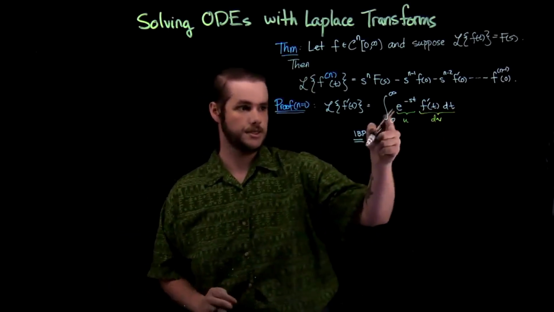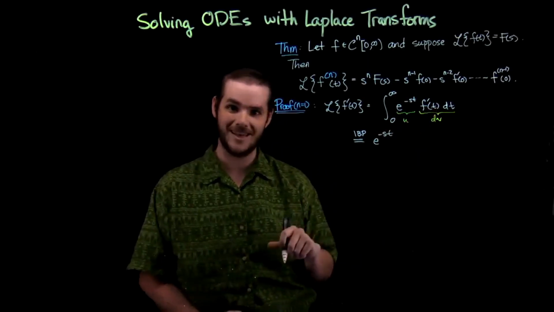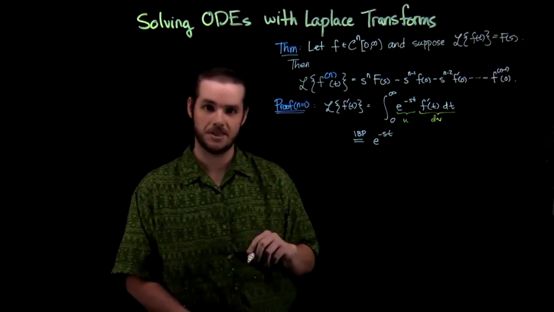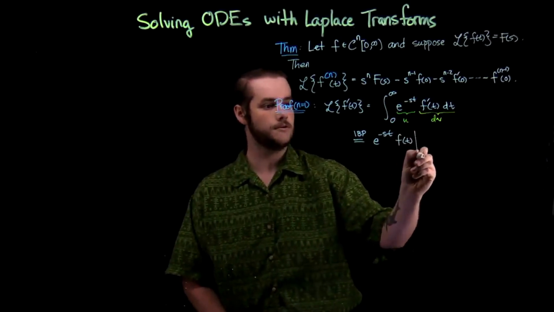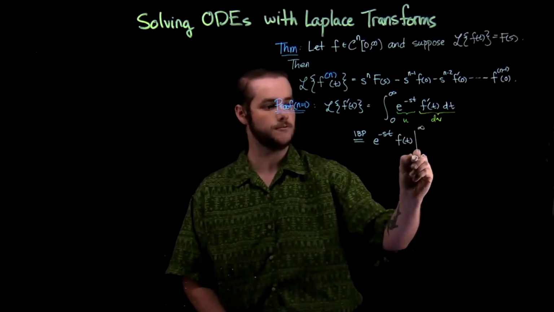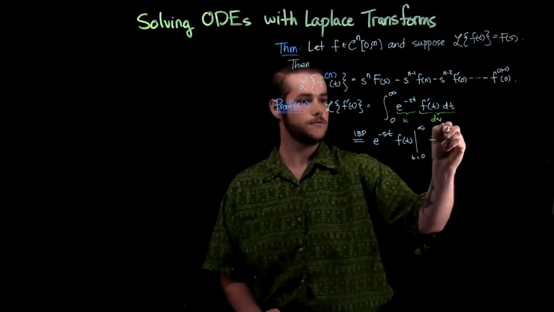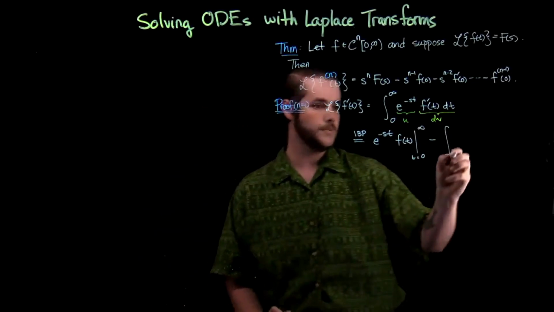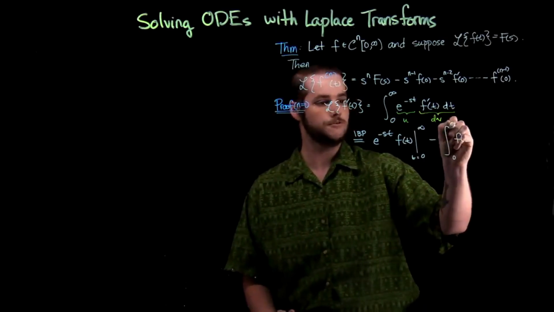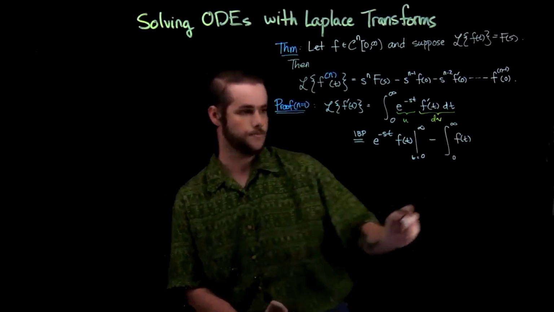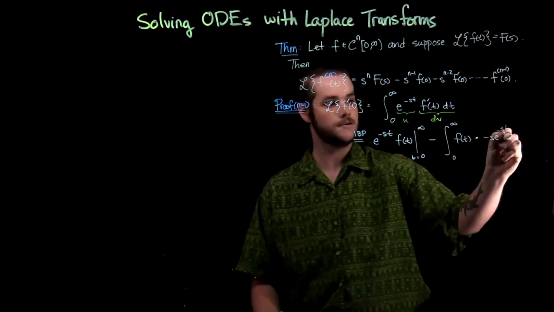And what I get is u times v, the antiderivative of f prime of t dt, well, that's just f, evaluated from 0 to infinity, that's with respect to t, minus the integral of v, which we just said is f, this is, of course, from 0 to infinity as well, times du, which is negative s e to the negative st dt.